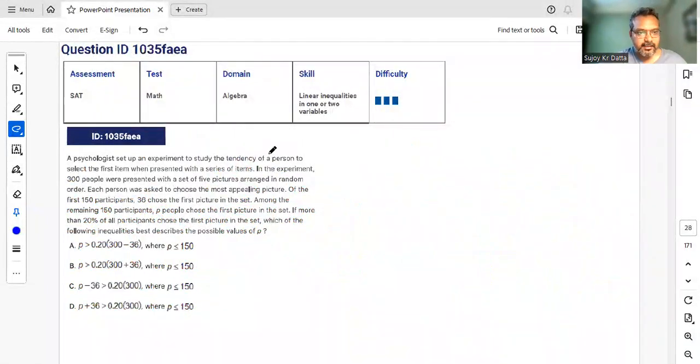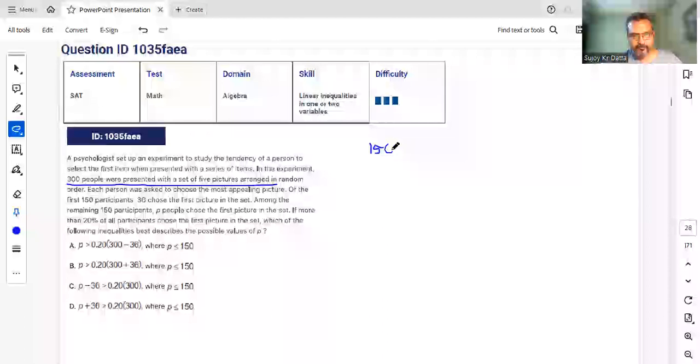So here it says a psychologist set up an experiment to study the tendency of a person to select the first item, etc. 300 people were presented with a set of 5 pictures. Each person was asked to choose the most appealing. So of the first 150, out of 150, 36 of them chose the first picture.